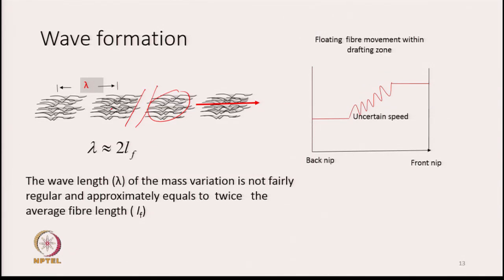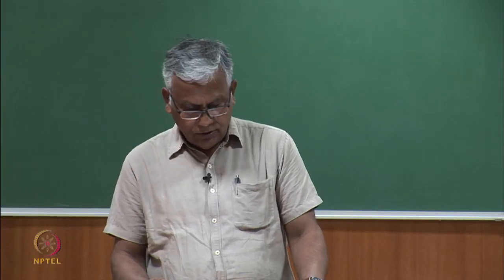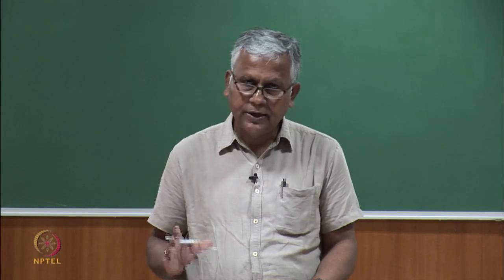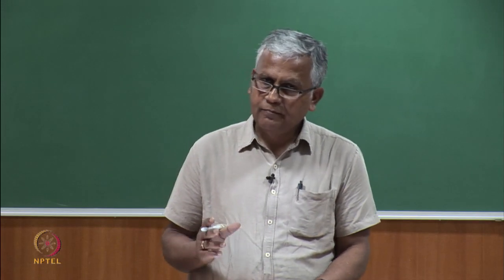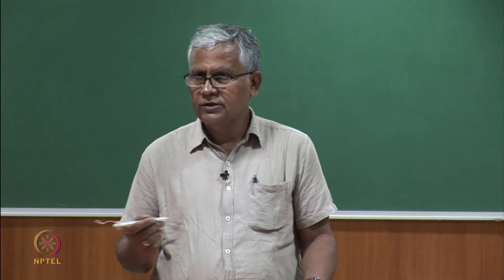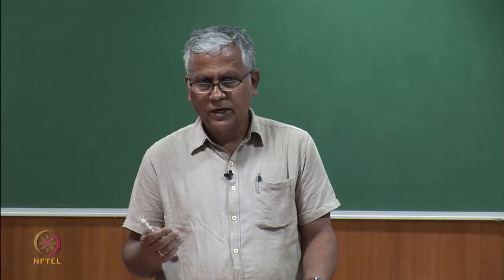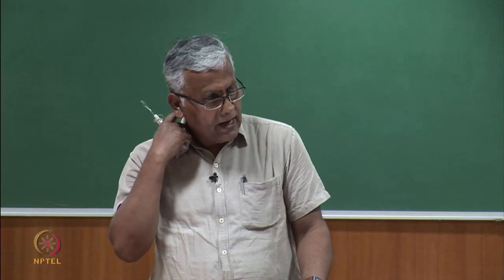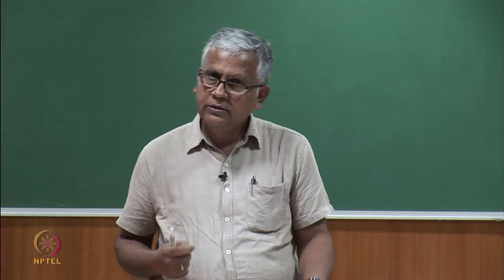Some regions are devoid of fibers, and in some regions we have excess fibers. All this is happening because some fibers are influencing some floating fibers to move along with them, and a chain reaction starts.